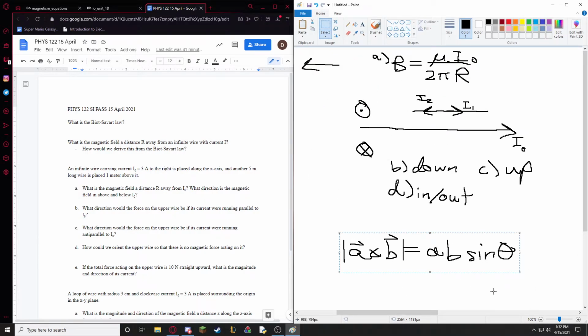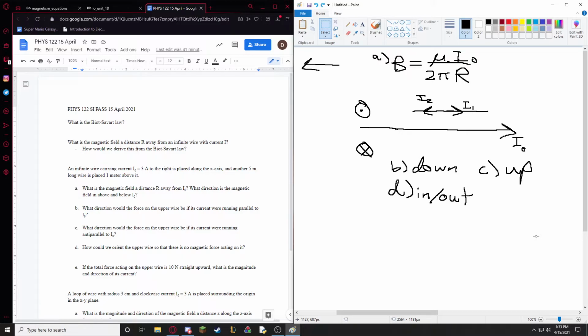A cross B is equal to AB sine theta. So ILB sine theta. L cross B becomes L times B times the sine of theta. And if we want that to be 0, we can make the sine of theta be 0, or in that case, theta would have to be either 0, which means it's coming out of the page, or 180 degrees going into the page.